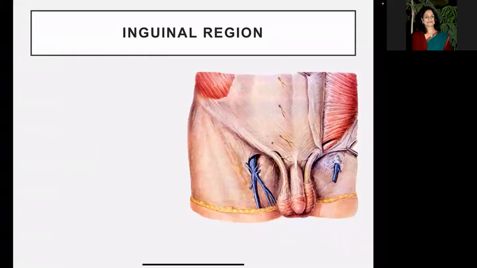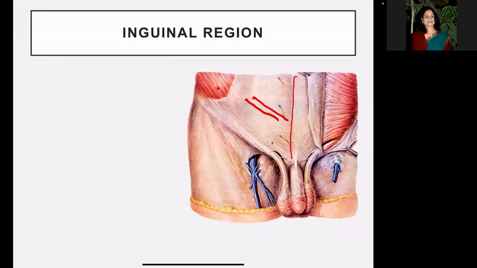Something about the inguinal region. You can see here, this is the linea alba. This is the aponeurosis of the external oblique muscle. This is the external oblique muscle. This is the groin region.